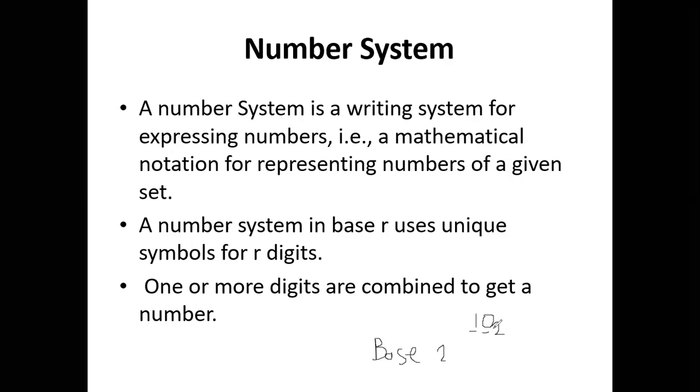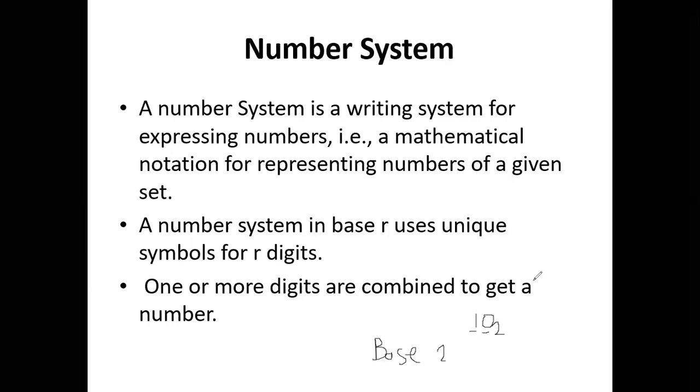Numbers in base 2, okay, binary numbers. Whatever number you want to express, you will express it using the 2 digits, 1 and 0. If we talk about the decimal number system, we have 10 unique digits from 0 up to 9.